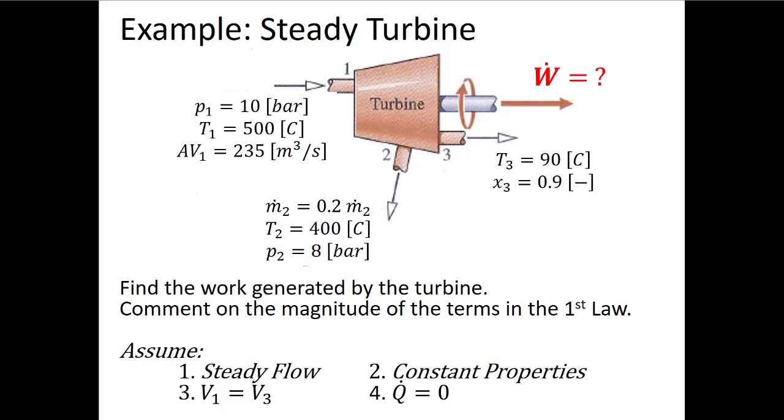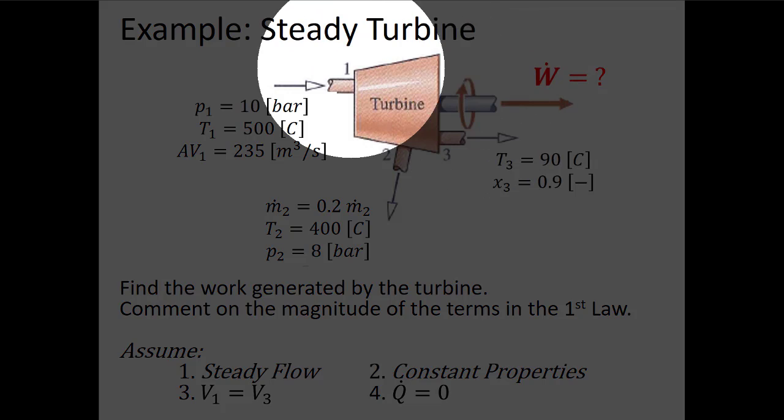So that means we've got to try to make some assumptions about what's going on. Here, the problem tells us to assume steady state flow, to assume that the velocities are approximately equal in 1 and 3, although we found the velocities already. We're going to assume that there are constant properties at each one of these inlets and outlets.